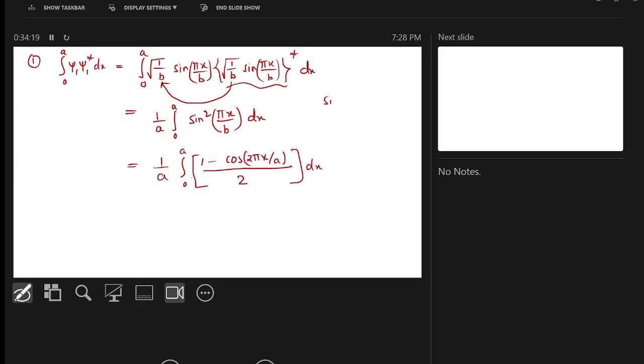We use the relation sin square theta is nothing but 1 minus cos 2 theta by 2.